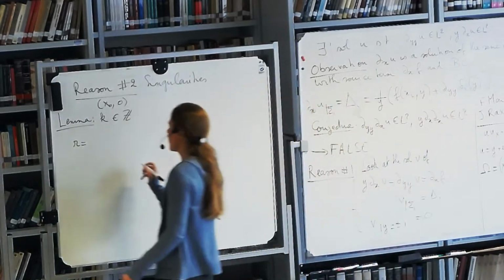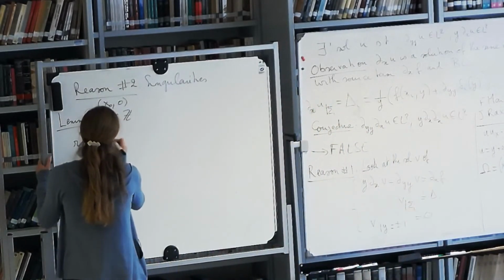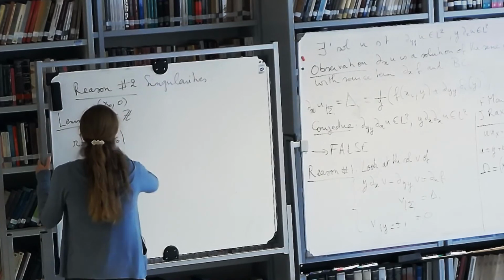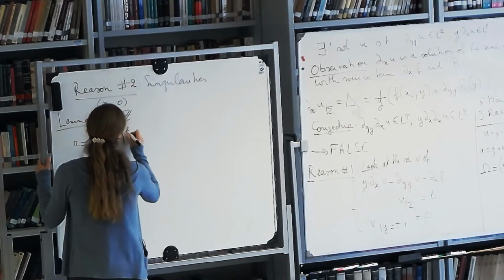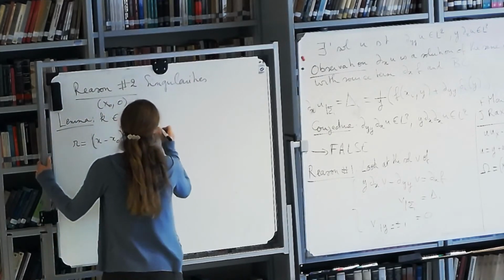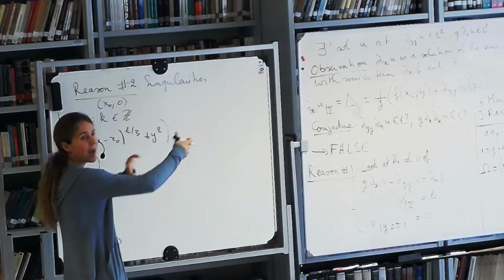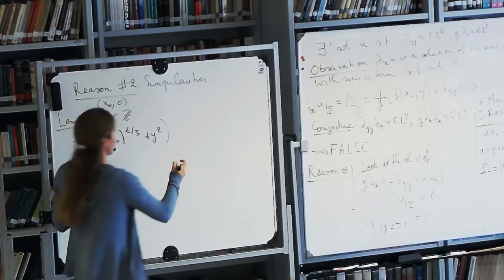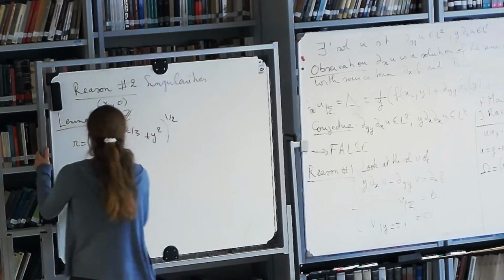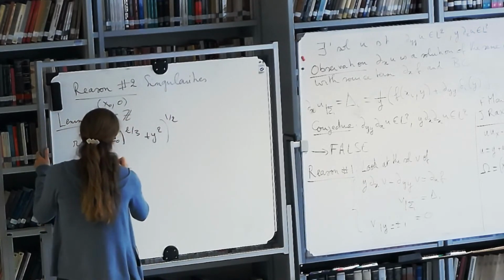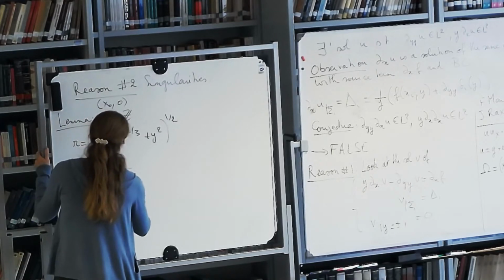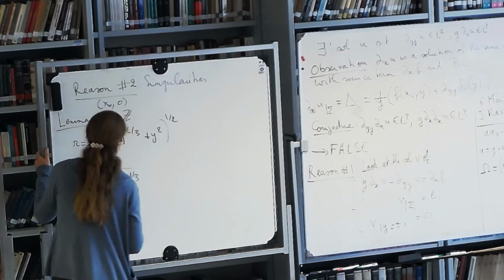So you set r, which is x minus x naught. So here it's just x minus x naught to the power 2/3 plus y squared, all to the power 1/2. So this is the analog of, say, some polar coordinates adapted to the scaling invariance of the equation. And t will be y over x minus x naught to the power 1/3.